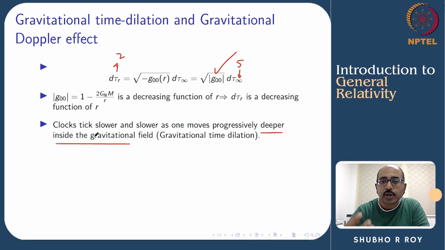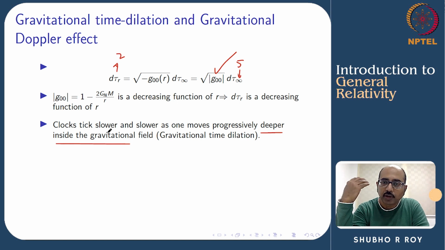And this kind of phenomenon we see in special relativity, when moving clocks appear to slow down. So here, if you place the clock inside a strong gravitational field, the time will get dilated. That is, it will register less amount of time for an event happening.